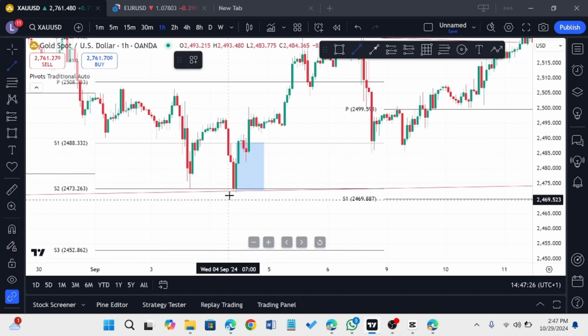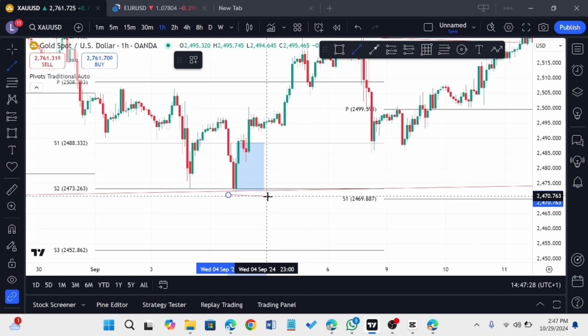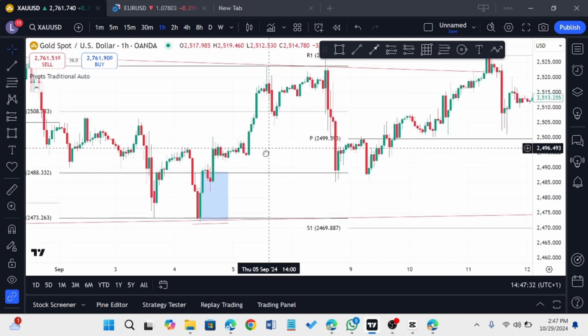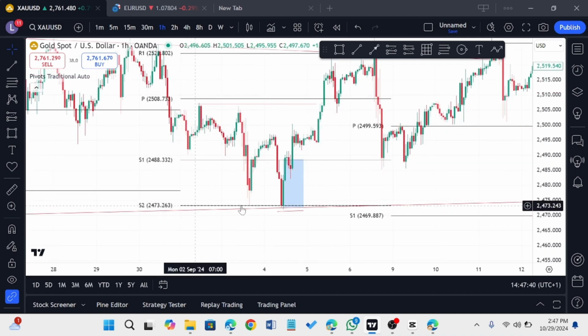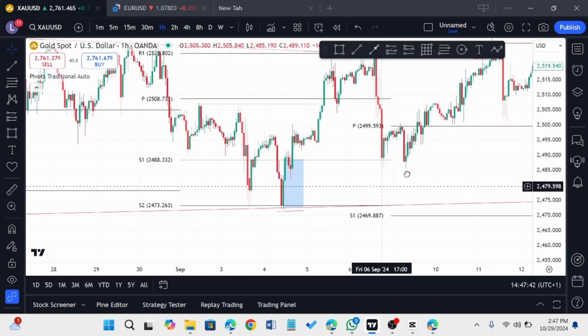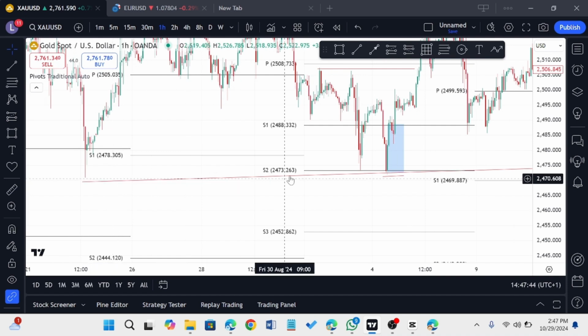Your stop loss could be below this level, below this swing low right here, and your take profit can be at the nearest resistance. And that was all from buying from the support level S2 and also from our trend line right here.